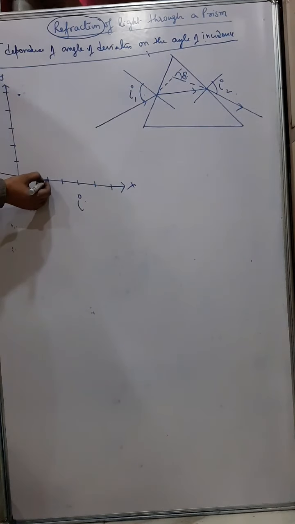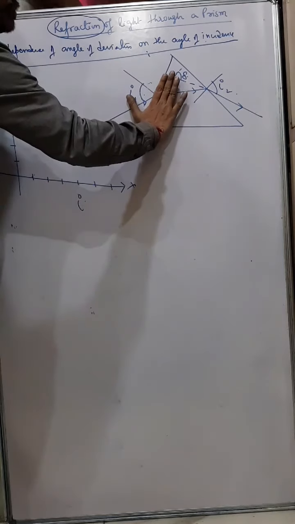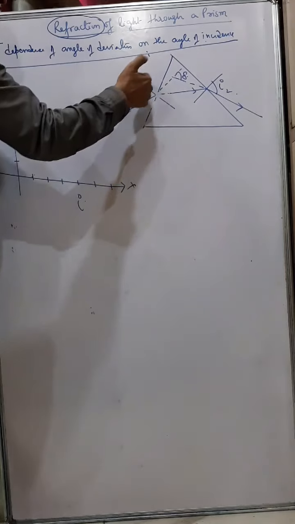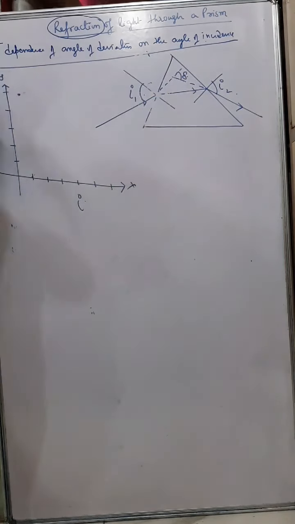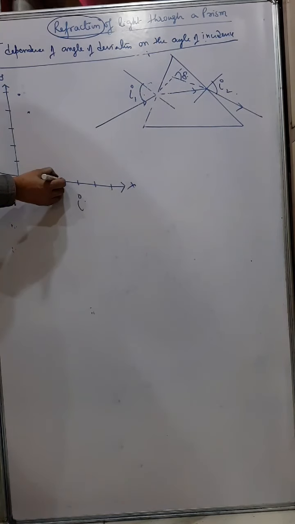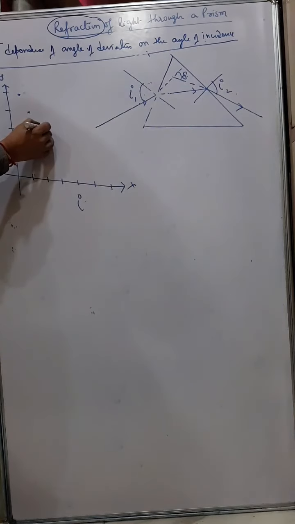Now if I increase the angle of incidence, I told you how, by just slightly rotating the prism, the normal shifts, the angle of incidence increases. Now what I see here, I see the angle of deviation decreases. Again I increase the angle of incidence more, again the angle of deviation decreases.